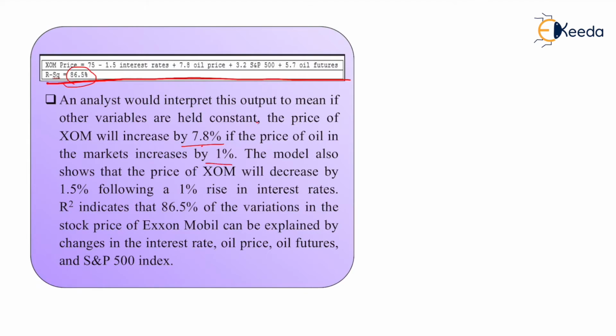The model also shows that the price of Zoom will decrease by 1.5% following a 1% rise in the interest rate. R square indicates that 86.5% of the variation in the stock price of Zoom can be explained by the changes in the interest rate, oil price, oil futures and S&P 500 index.